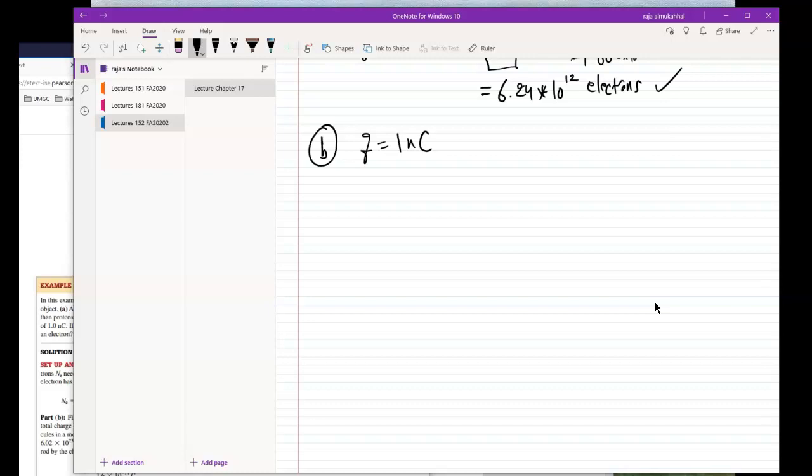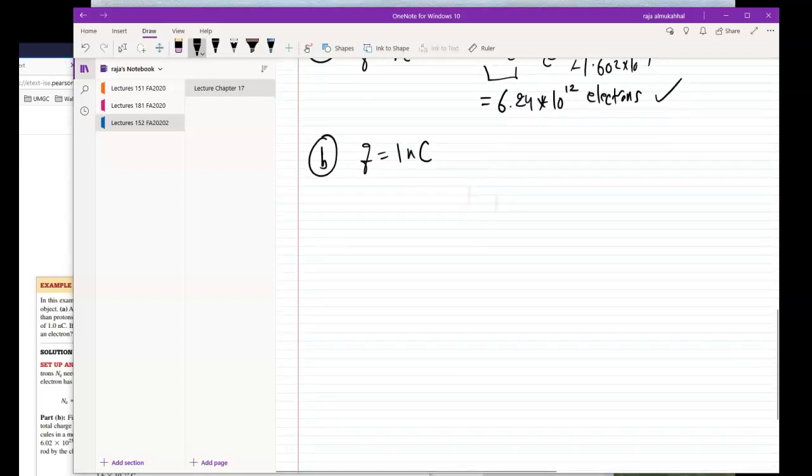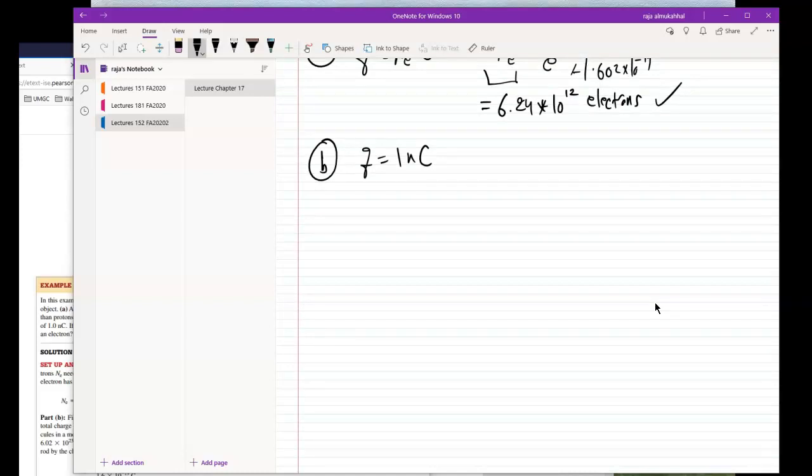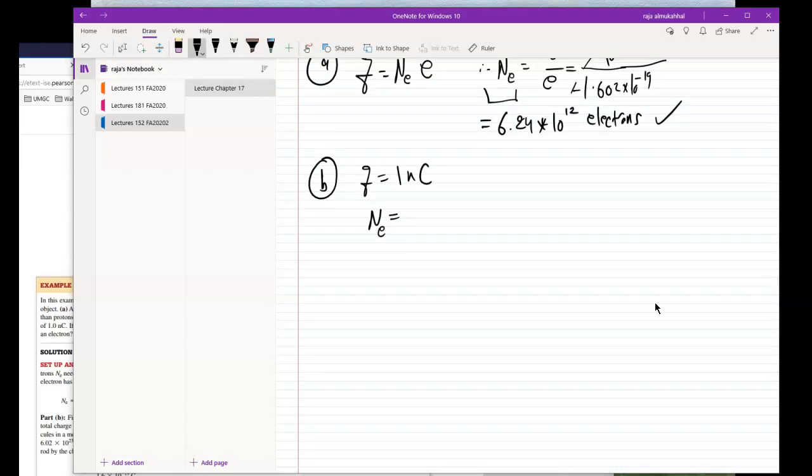We just did this problem, guys, right? So I'm just going to take the number that I just got, for this ion. So in this case, the number here, N sub E, is going to be equal to 6.24 times 10 to the 9 electrons.